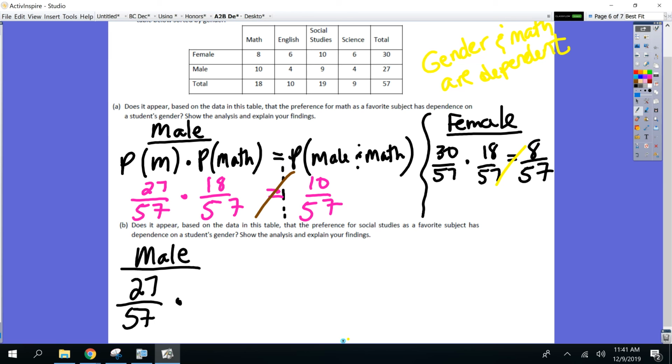According to the table, social studies now, 19. Is that equal to the same probability as male and social studies? How many do you have there for me? Where's that intersection, male and social studies? 9 out of 57.